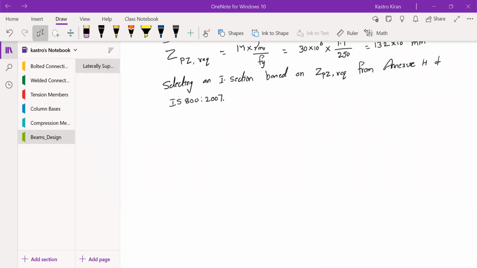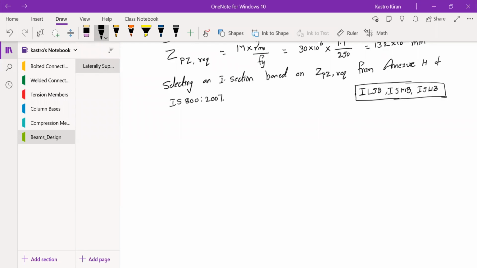So before selecting the section, I just want to indicate that in the last class we were discussing that if you are designing the beams, you have to consider three sections. One is ISLB, the second one is ISMB, and the third one is ISWB. So if you are selecting a section, it must be one of these sections.